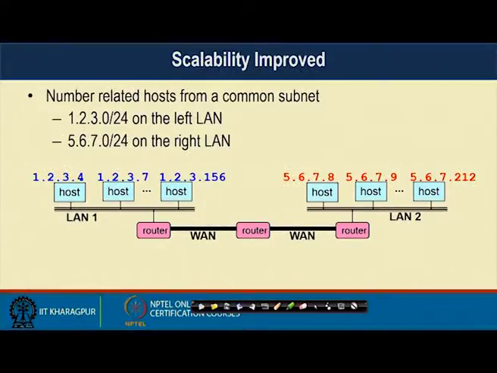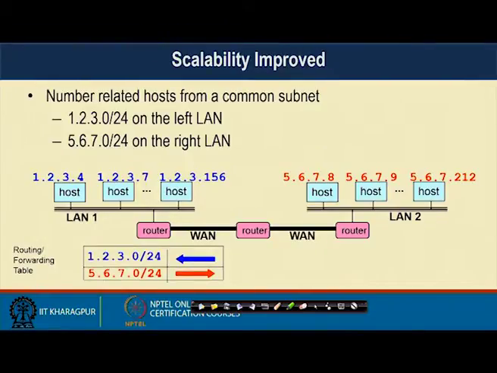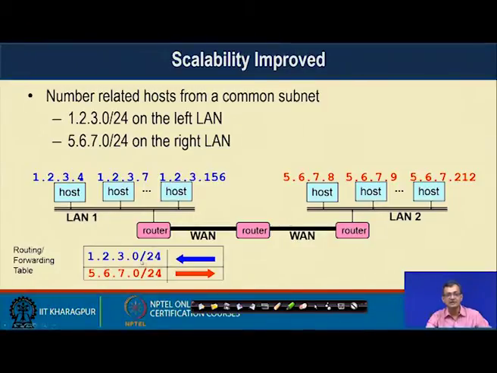So, in other sense we have improved some sort of scalability. I identify a particular host with respect to a network address. And with LAN 2, the table maintained in this router says that incoming packets with this 24 bit match, whoever is matching, will be coming here or going out.